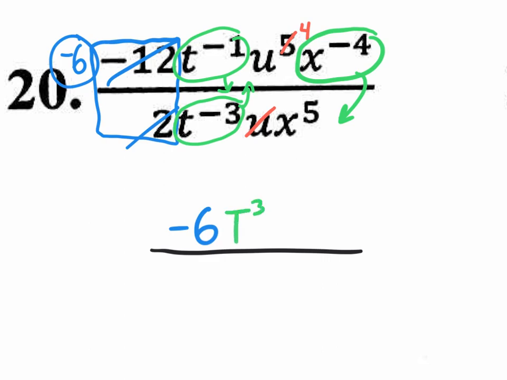Well, it became positive because we moved it. And then t to the 1 on the bottom, it became positive because we moved it from up here to down there. And then the u's, we have how many u's? 4 u's left. u to the 4th up on top. And the x to the 5th stayed on the bottom. But this x to the negative 4th is going to go down to the bottom, and it's going to become x to the positive 4 down there.